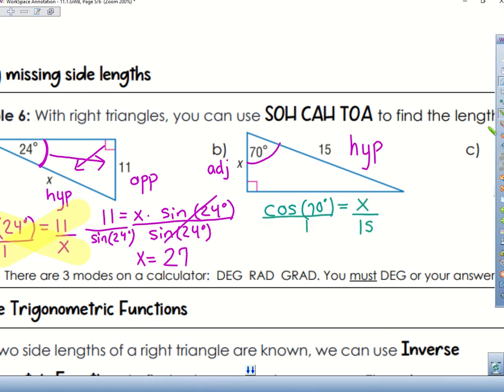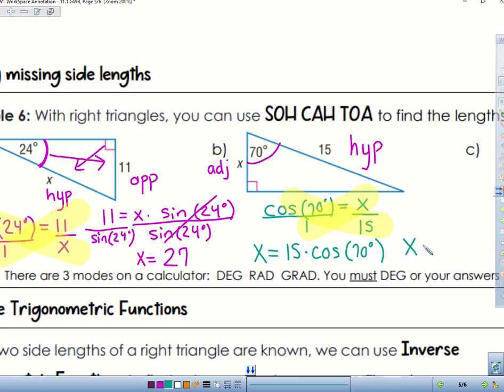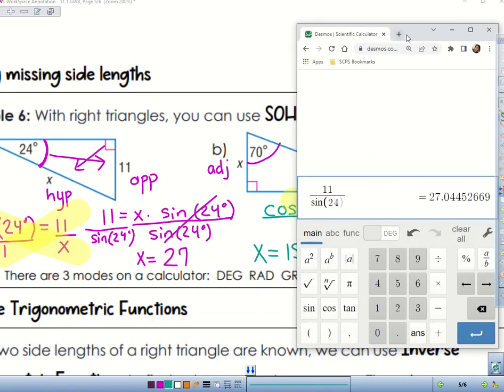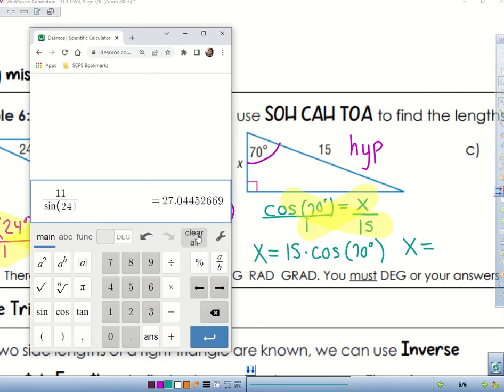If I put this over 1 and cross multiply, I get x equals 15 times cosine of 70, right? So to get my actual answer, I'm going to have to use a calculator. Oops, sorry. So I click on my calculator, I clear it out, I type 15 times cosine of 70. And you should get about 5.